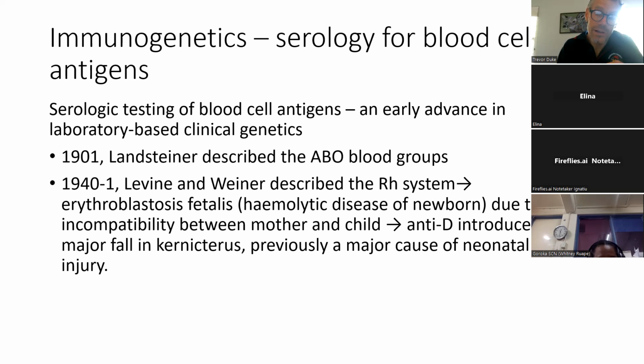And so now it's very, very rare to have children with bilirubin encephalopathy or kernicterus these days, because of the anti-D that mothers can get if they're Rh negative, and because of the identification of immunogenetics and blood group incompatibility.